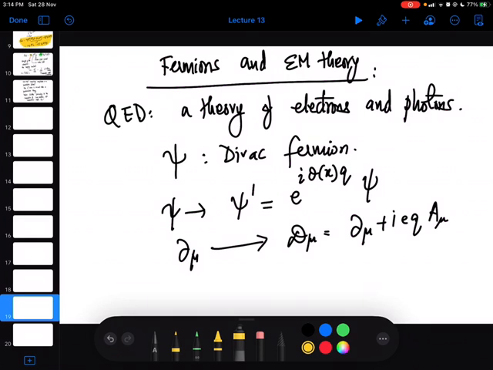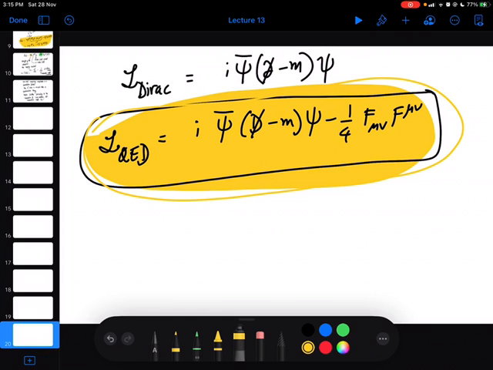Try out explicitly how psi transforms, how psi bar transforms, and how A mu transforms, and show explicitly that this QED Lagrangian is gauge invariant. We know all the techniques. I'll try to do it also in the next lecture, but this is your QED Lagrangian, and we'll start doing the QED part in greater detail in the next lecture.